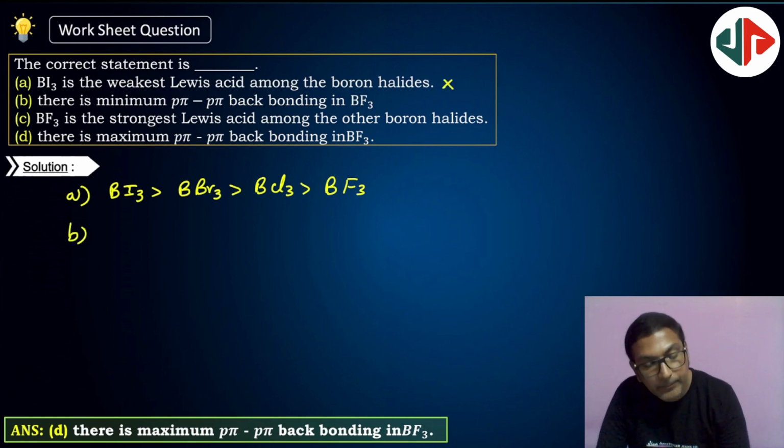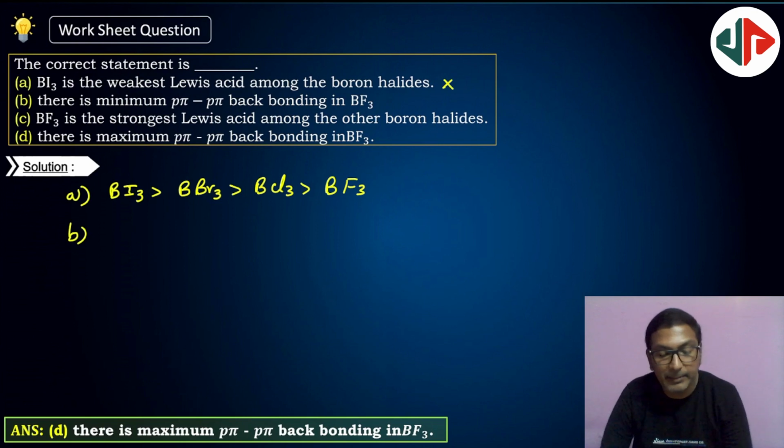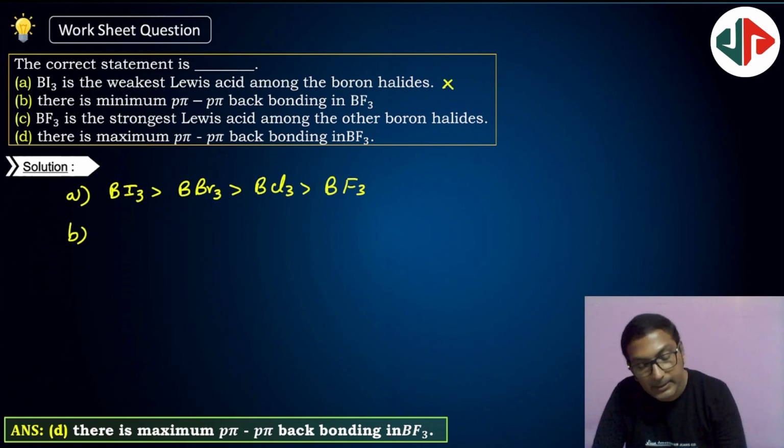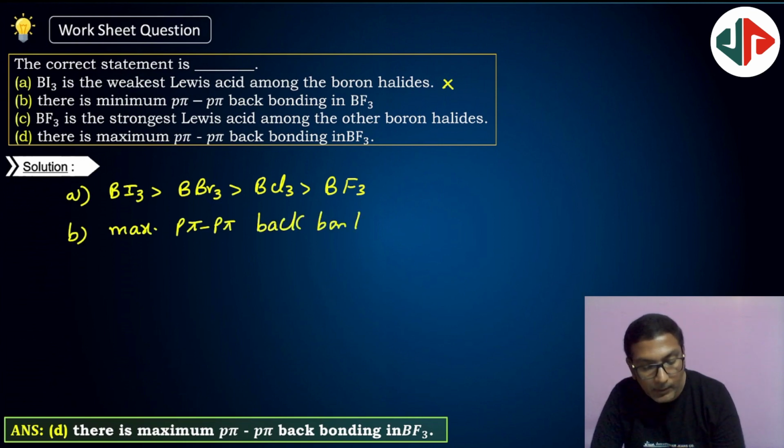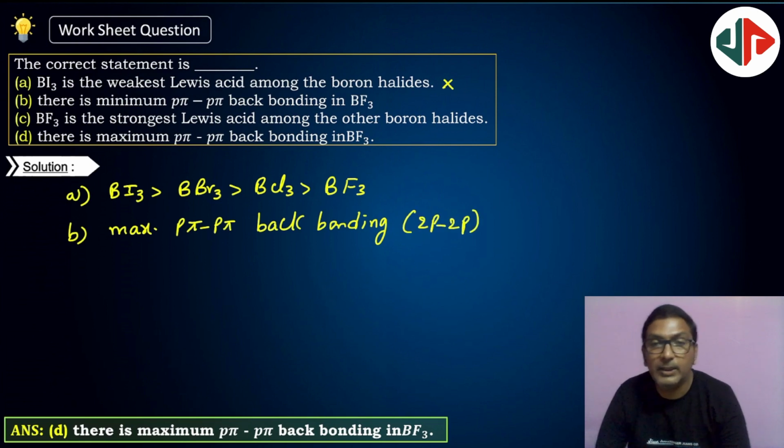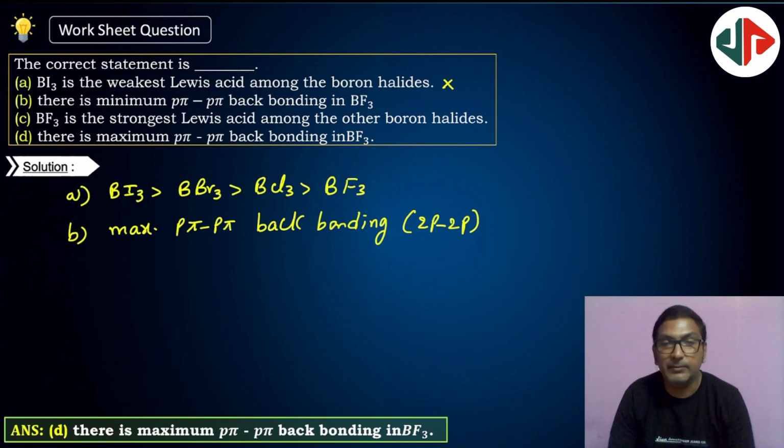Next, B: there is minimum p-pi back bonding in BF3. No, there is maximum p-pi overlapping or back bonding because of 2p overlapping. So 2p overlapping is maximum in BF3.